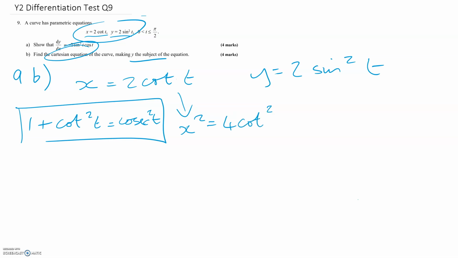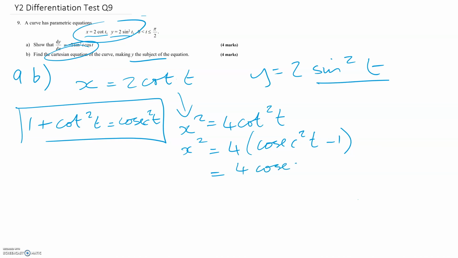So we get cot squared t, and now we can replace that cot squared t with cosec squared t minus 1. So this is 4 cosec squared t minus 4, which is the same as 4 over sine squared t minus 4.